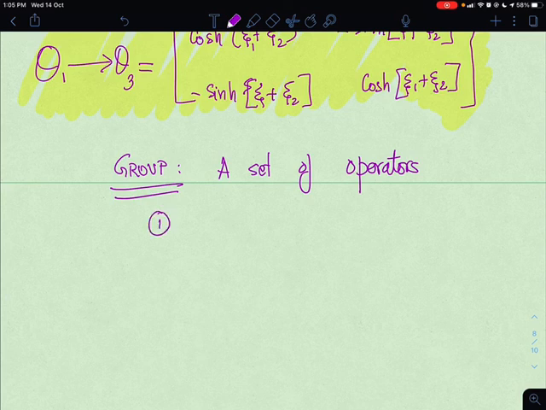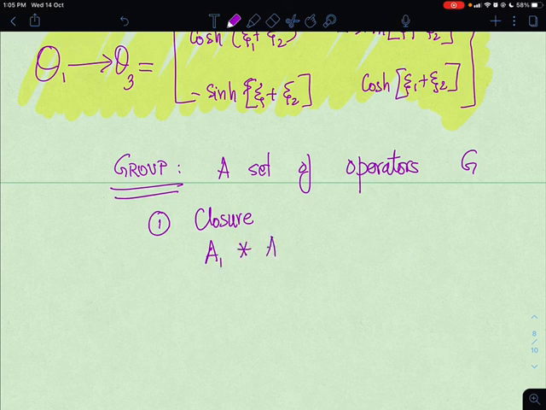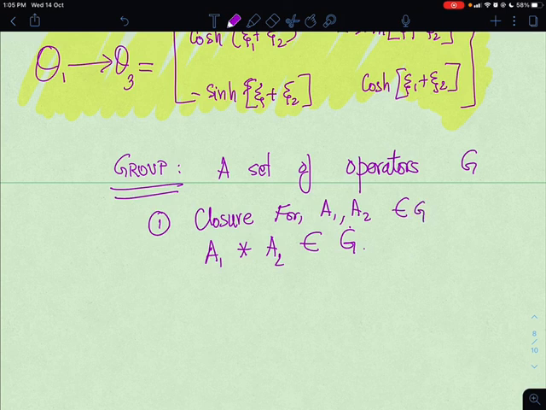satisfying the following properties. The first is closure. If there is a group G, and elements A1 and A2 belonging to G, then A1 star A2 also belongs to G. The second is associativity.